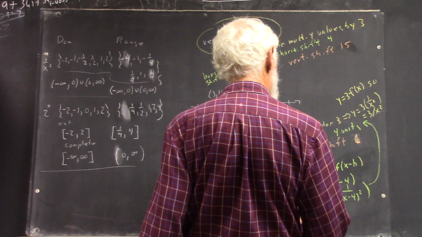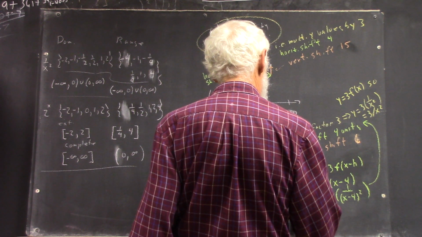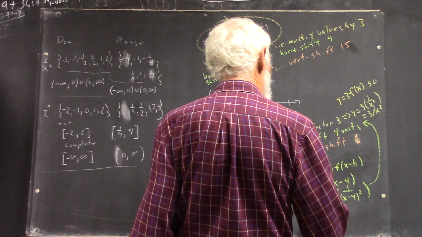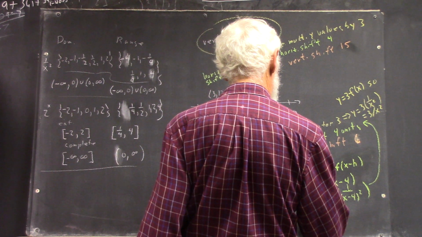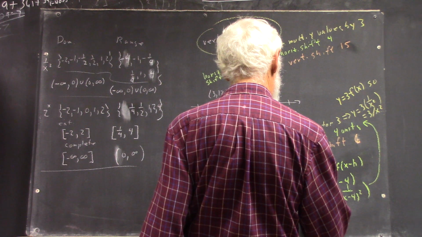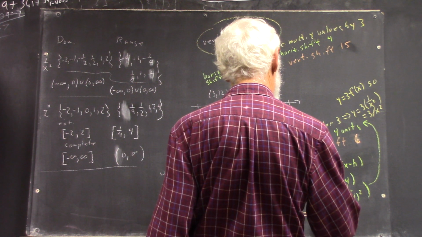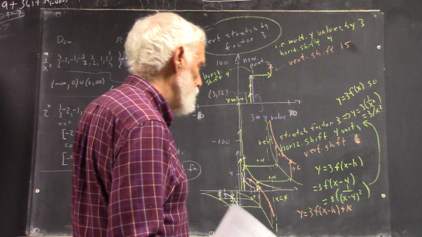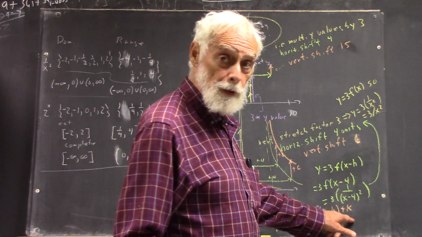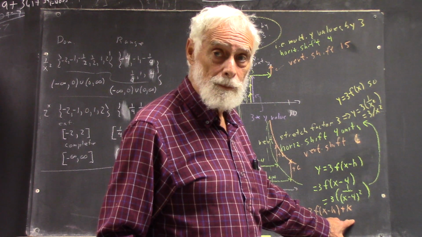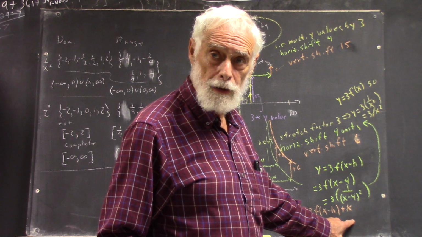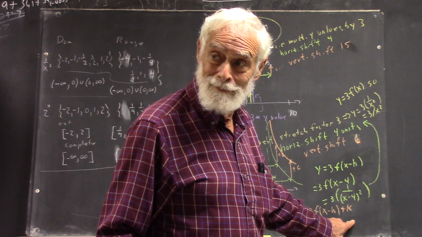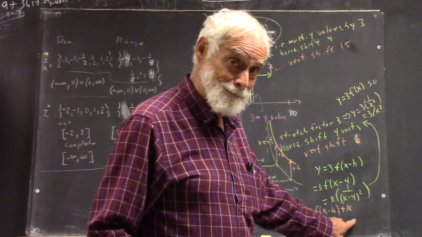Anyhow, your vertical shift of 6, your function is 3f of x minus h plus k. And again, this is something you'll benefit from knowing and understanding if you can now, because you're going to have to do it later anyway. It's kind of optional in this test. Okay?